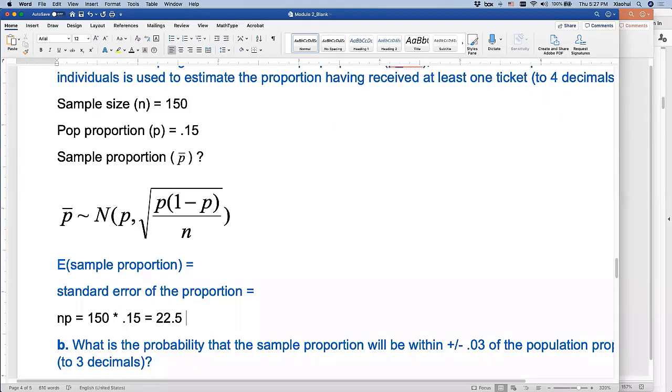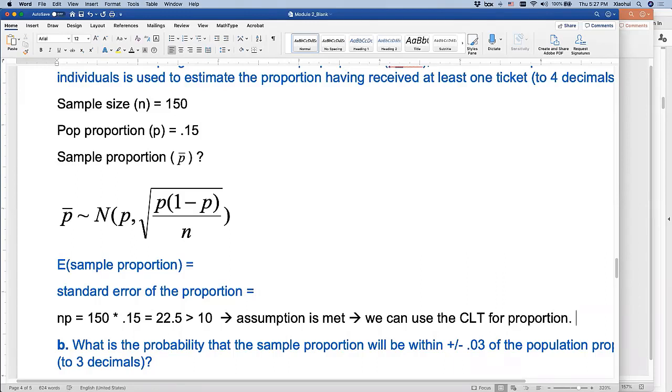The assumption only asks you to have at least 10, and this is more than 10. So the assumption is met, and we can use the CLT for proportion.